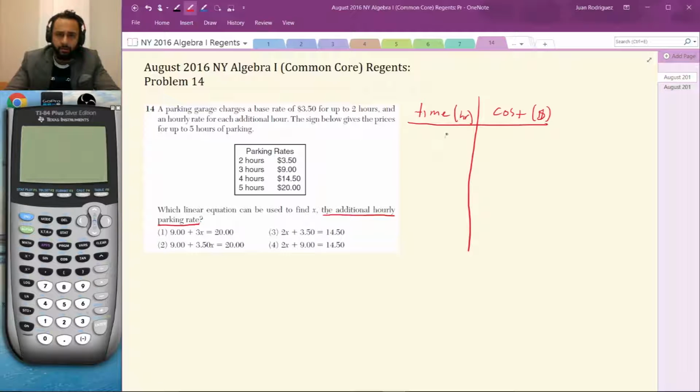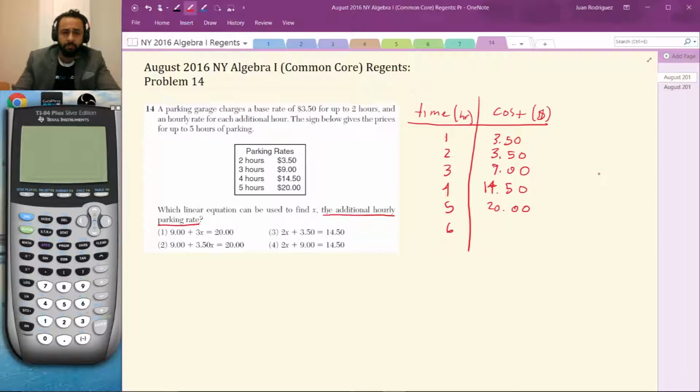So 1 hour, 2 hours, 3 hours, 4 hours, 5 hours, 6 hours, etc. $3.50 for an hour, $3.50 also for 2 hours, 9, 14.50, and 20. And then whatever the next one happens to be.